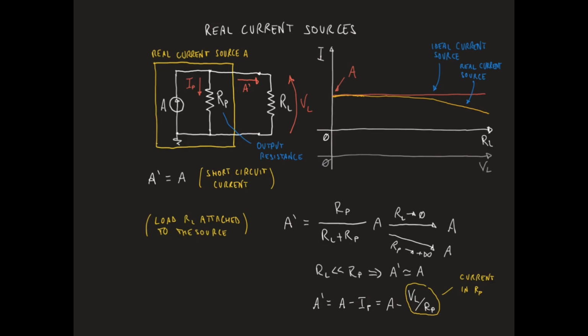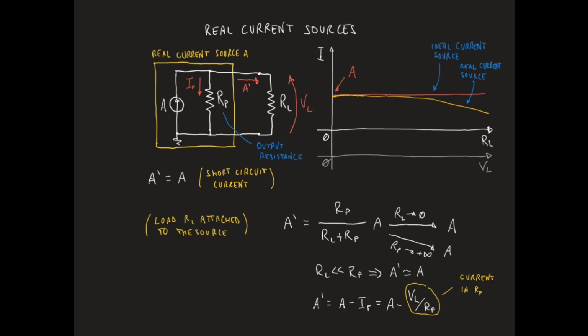Based on the results we have obtained, in the case of the real current source, we can say that a current source prefers to work with a short circuit as its load, as in this case the voltage it has to sustain is zero, as is the power it has to provide. In the case of a short circuit, the output current of a real current source is the same as the current of an ideal current source.